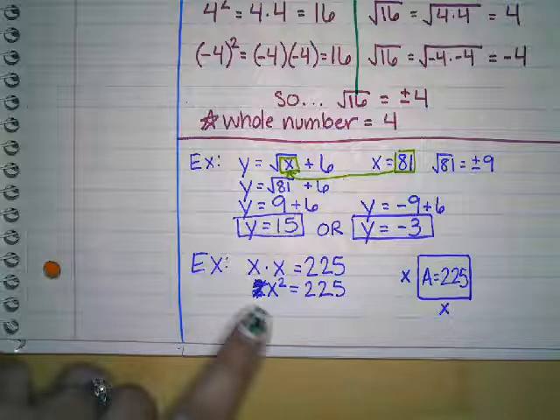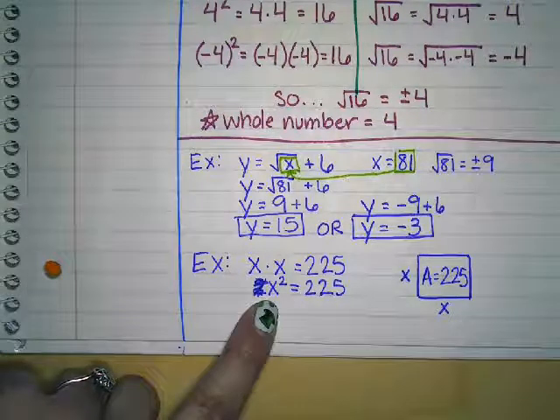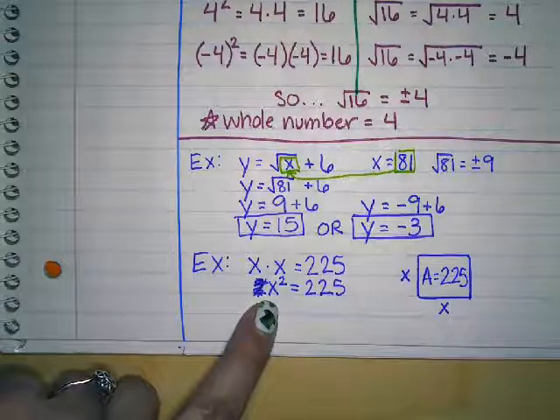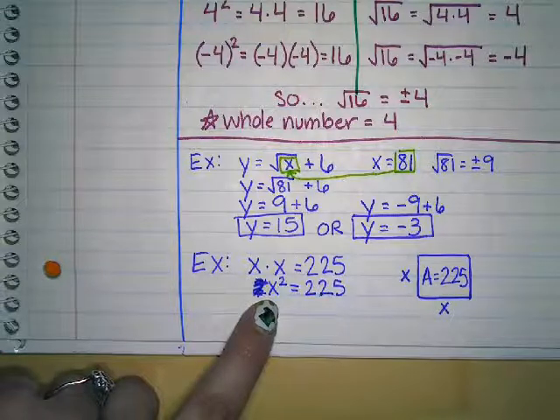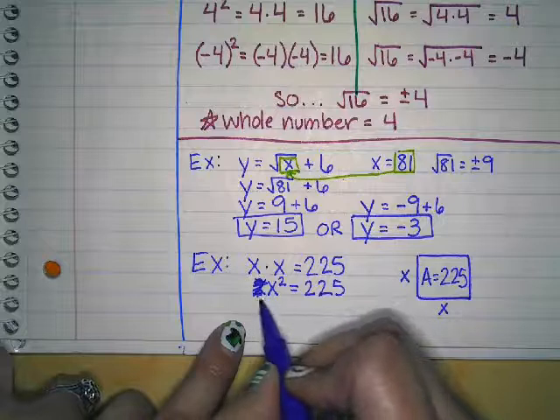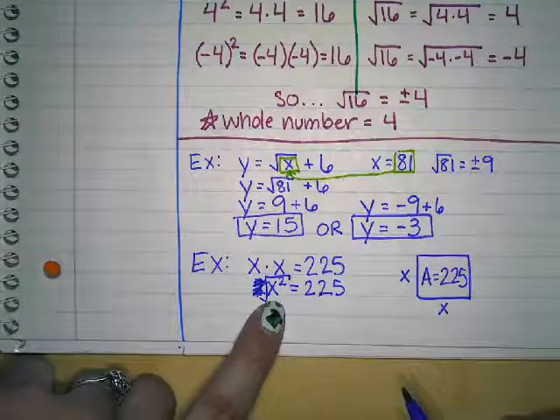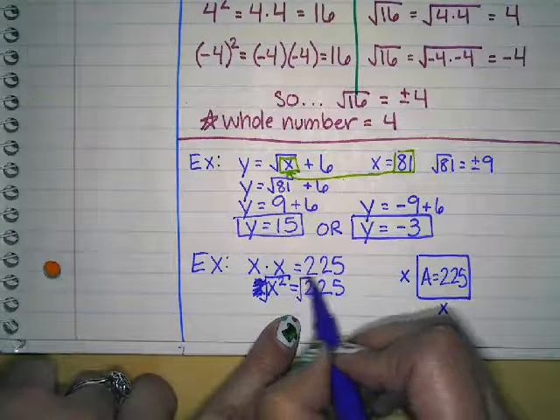Now, if we have x squared, we want to undo that. So to undo that, we have to do the inverse or the opposite. Now, the opposite of squaring something is a square root. I wish I wouldn't have made the mistake there, so it would be pretty here. But we're going to take the square root of x squared, and we have to do the other side as well because it's equal to it.